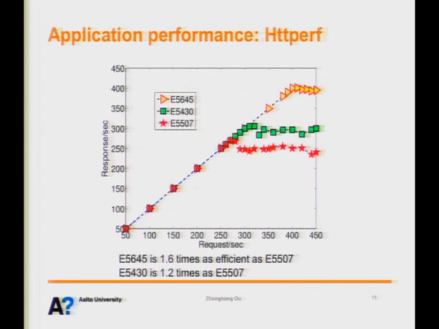And then this is the application-level performance benchmark. We use this STD perf tool to do the measurements. What this benchmark tool does is you send a request, and then the server sends you back a response. With these requests and responses, we do some sort of dynamic calculation.